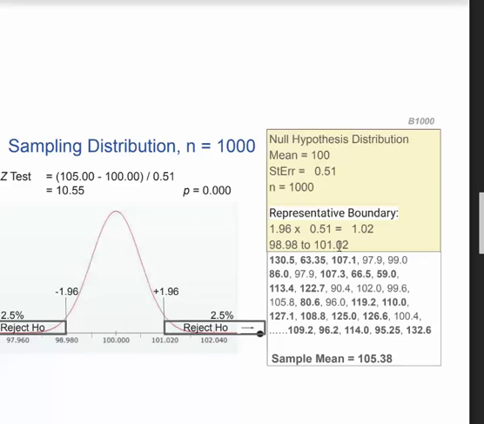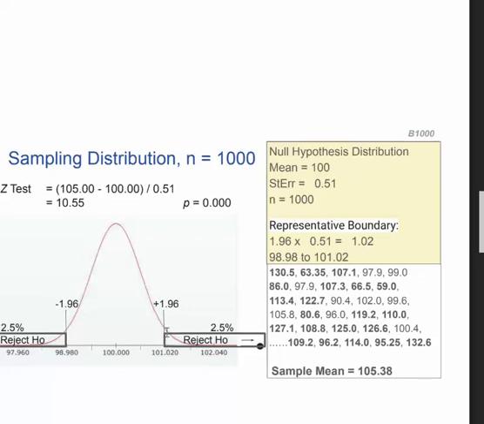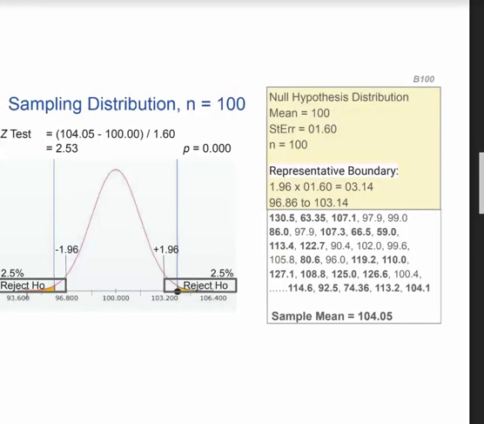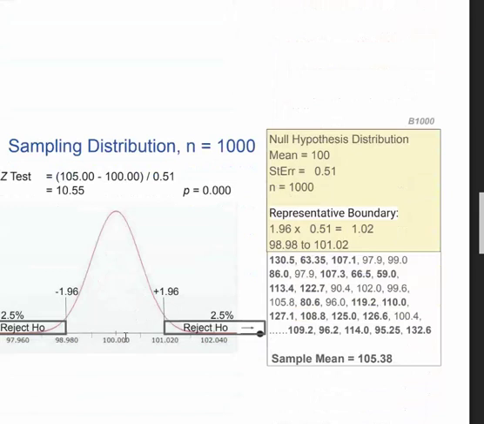And so at 101.2, that sample mean is in the reject zone. For a smaller sample size, there's much more variability, and so in that case, we wouldn't have been able to reject the null hypothesis so easily. But larger sample size, greater accuracy, easier to reject the null hypothesis.